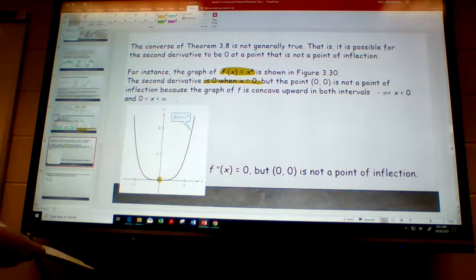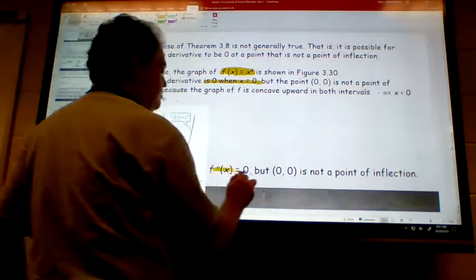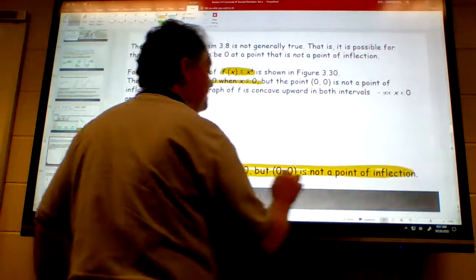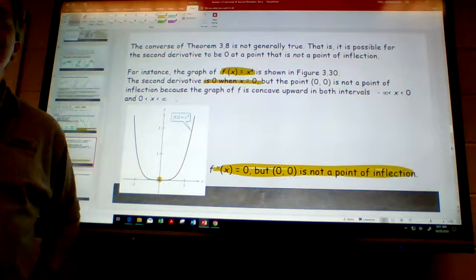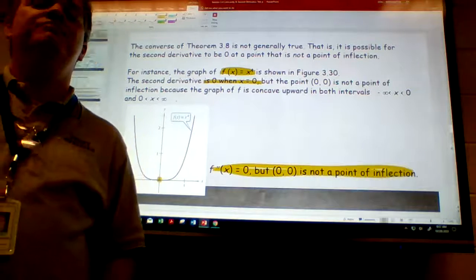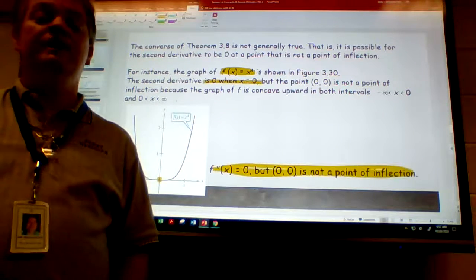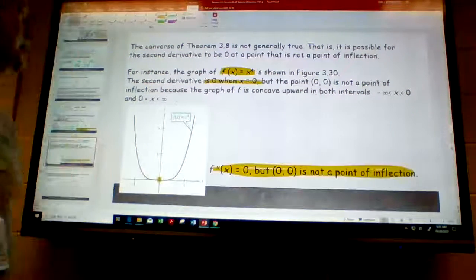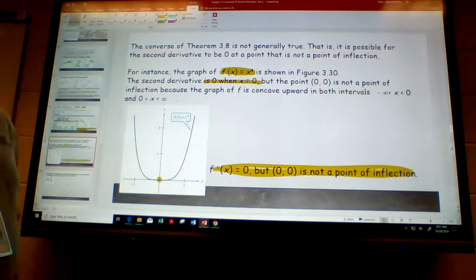Because the graph is concave upward on both intervals, it is not a point of inflection, because the concavity has to change from upward to downward or downward to upward. Either way, it has to change in order for it to be a point of inflection.